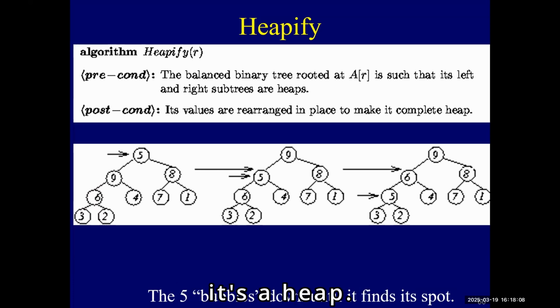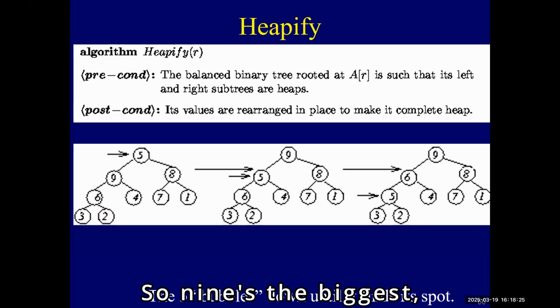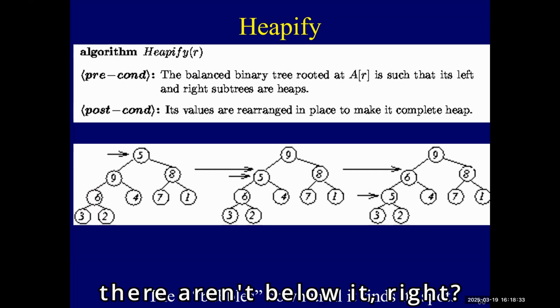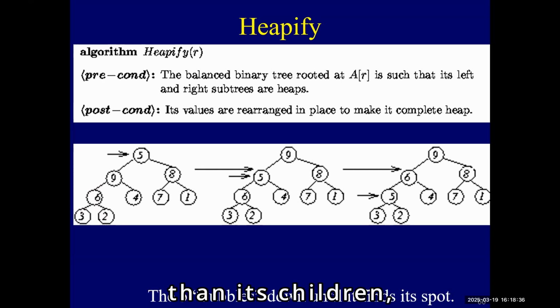Yeah, because now it's a heap. What we need is for every node, everybody below it smaller. There's no left to right concern, right? So 9's the biggest. 6, it doesn't matter who's there at 6, because the guys over there aren't below it. 6 is bigger than its children.